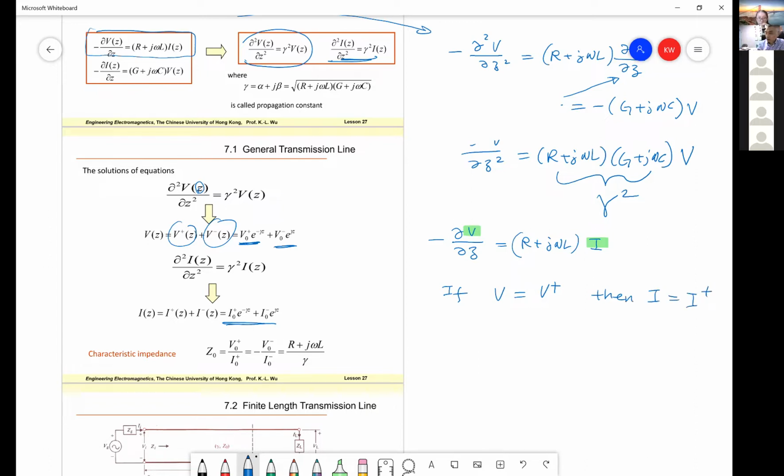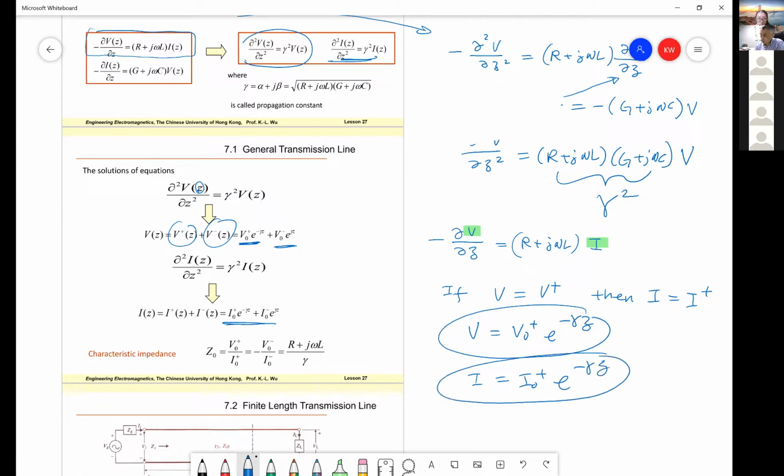You substitute this, then substitute V equal to this and the current equal to this into this, and you can find it. I don't repeat, so this is too trivial.